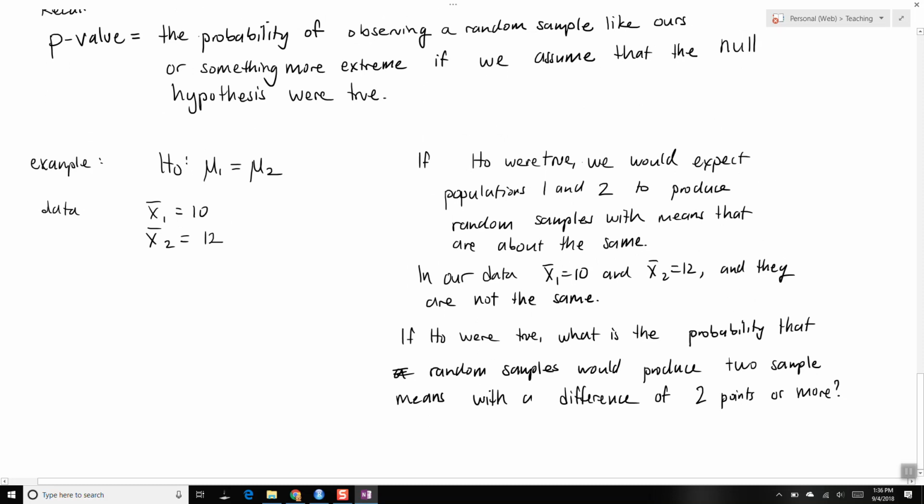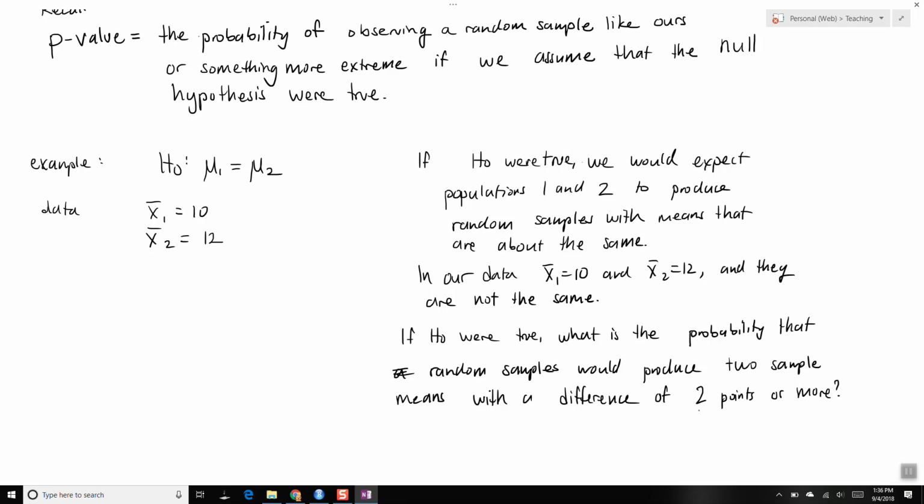In a randomization test or bootstrap test, when we ask what is the probability that random samples would produce two sample means with a difference of 2 points or more, we will literally take a whole bunch of random samples and calculate differences between sample means. We're going to do this like a million times. We take sample 1 and sample 2, and say, random sample 1 produced this value, random sample 2 produced this value.